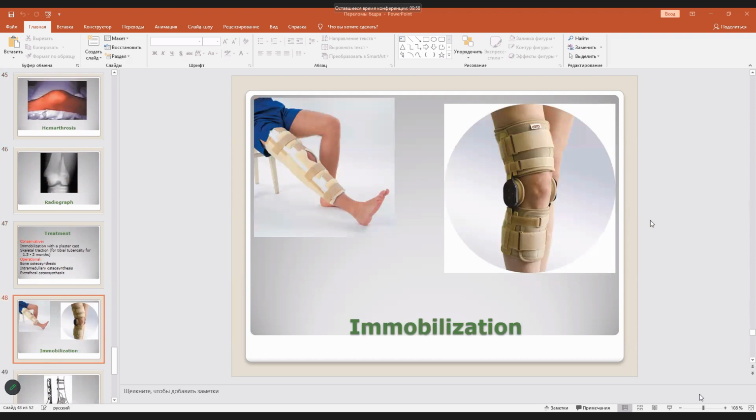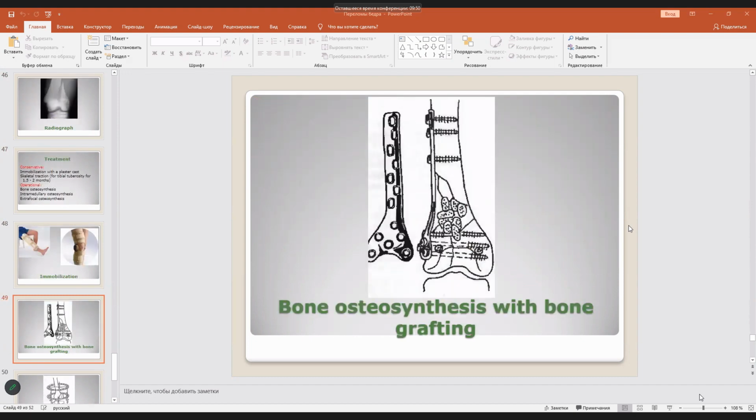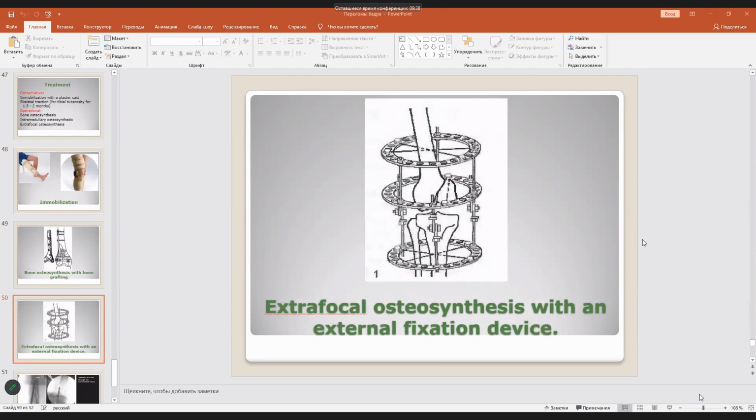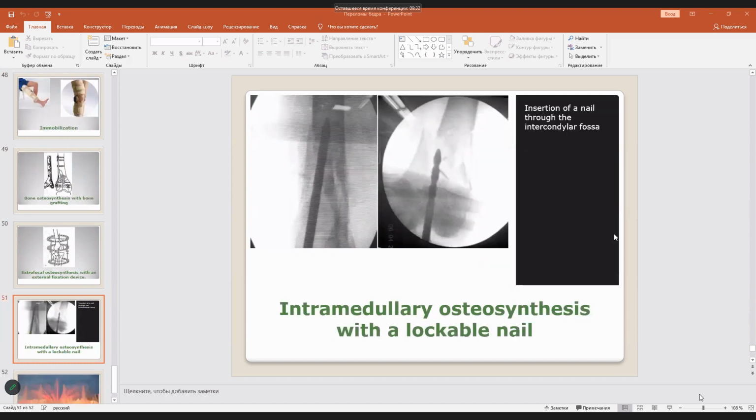For example, immobilization and conservative treatment, bone osteosynthesis with bone grafting. Extrafocal osteosynthesis with an external fixation device. For example, intramedullary osteosynthesis with a lockable nail.